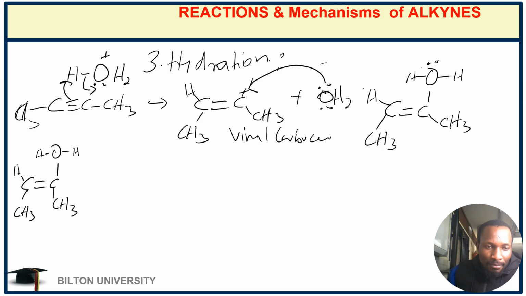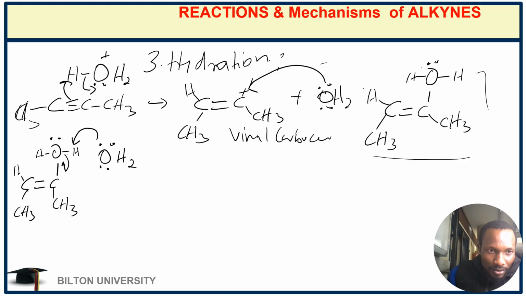This is followed by the loss of the proton to form the enol. First, remember we had the nucleophilic attack of water on the vinyl carbocation to give us this product, followed by the loss of one of the protons so that we can form an enol. So we have a loss of a proton, or what we call deprotonation. With the loss of this proton, we can form the enol.